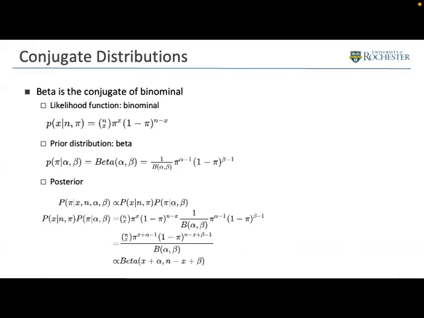If we multiply them together, we can find that eventually the posterior is in this form. So the posterior again is still a beta function. Because of this special relationship between the beta and the binomial distribution, we can use the beta to ease the calculation.